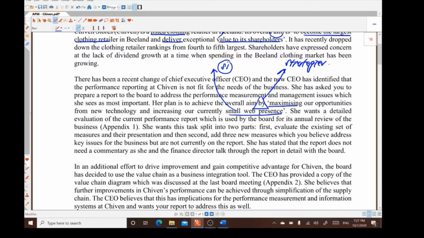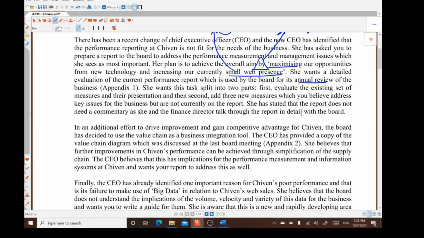Now, she wants a detailed evaluation of the current performance report, which is used by the board for its annual review of the business, as shown in Appendix 1. She wants the task split into two parts. First, to evaluate the existing set of measures and their presentation.